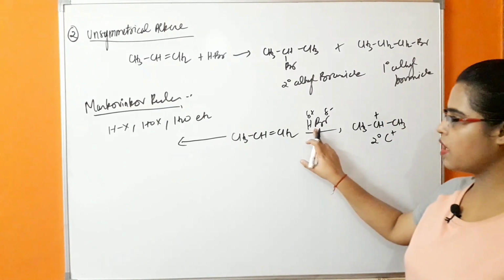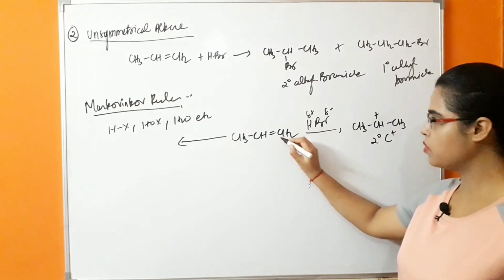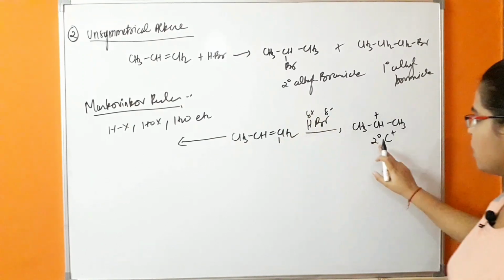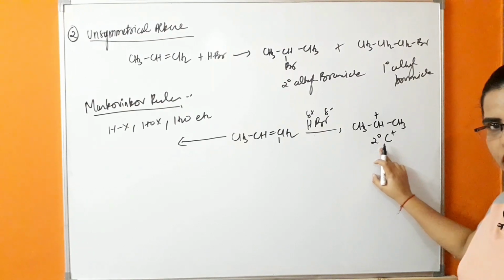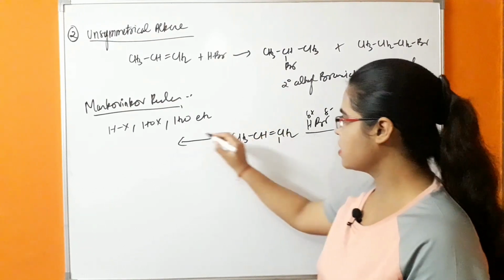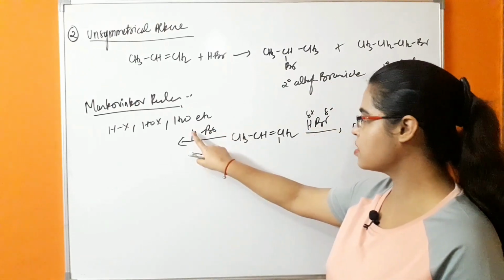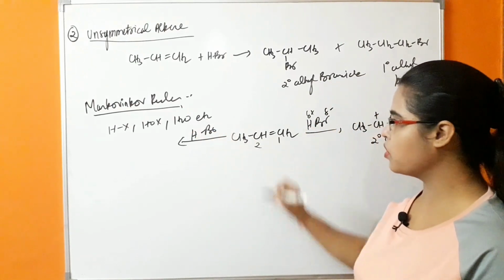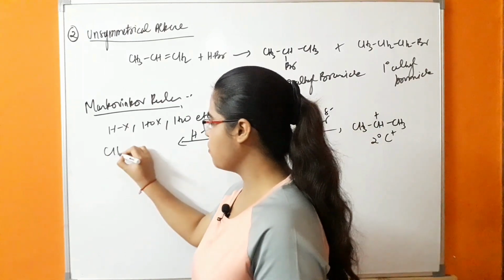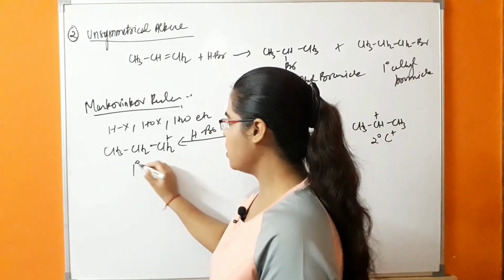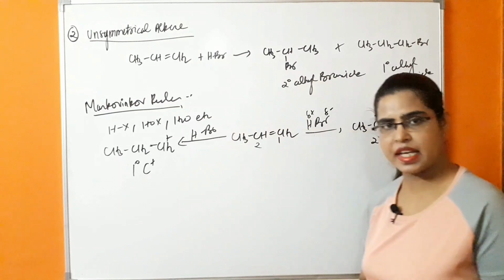If the electrophile attacks the first carbon of the alkene, a secondary carbocation is formed, whereas if H plus attacks the second carbon of the alkene, a 1 degree carbocation is formed.